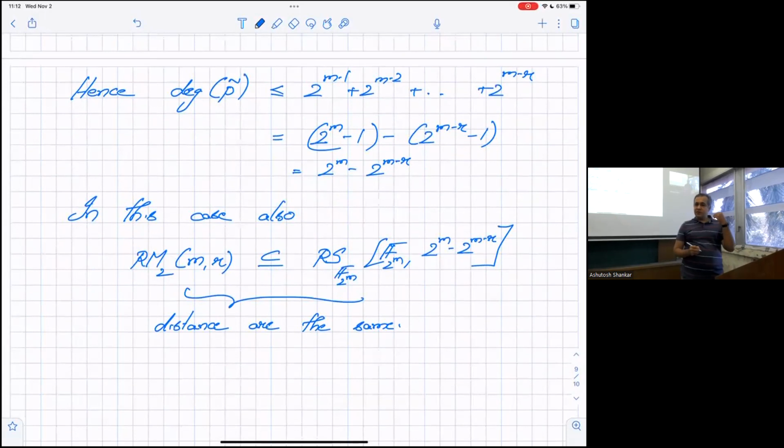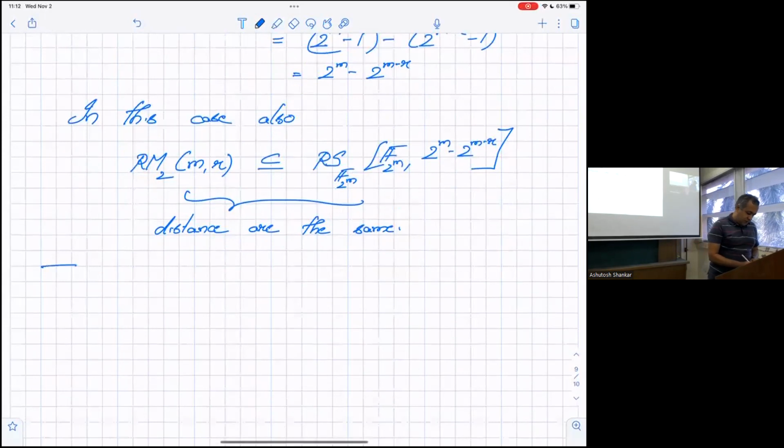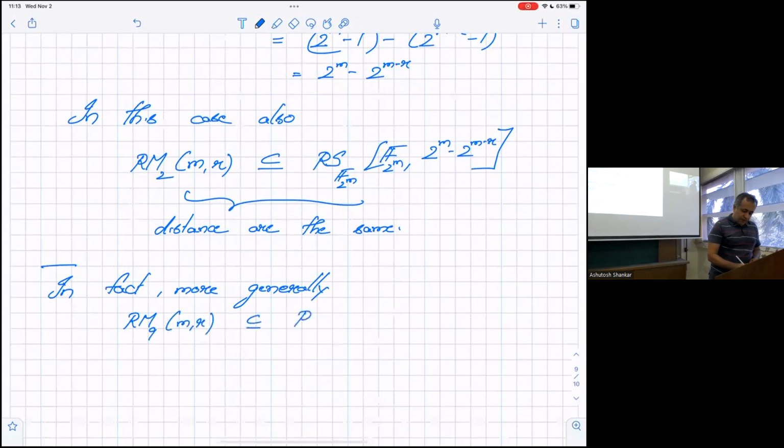We showed this for just the binary case, but this is actually a fact that's true for every q. I will not do this here. In fact, more generally, take any Reed-Muller code RM(q, m, r). It is a subcode of the Reed-Solomon code over F_(q^m), evaluated at the entire F_(q^m) points.